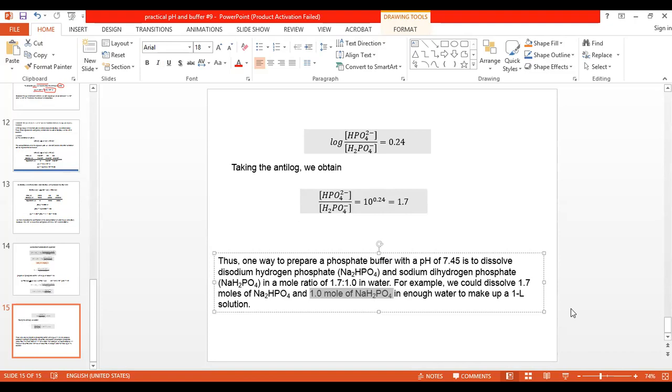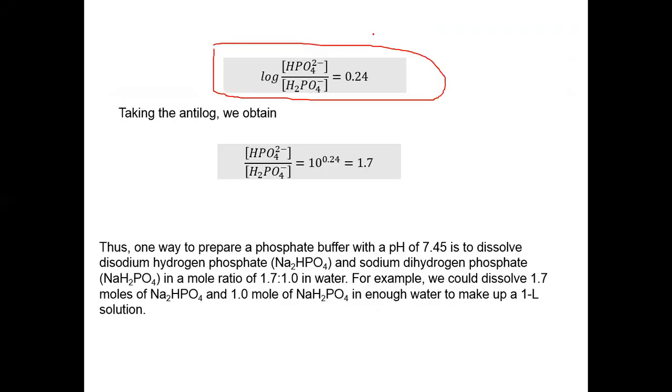So here, in your quiz, for example, you will be given an example like that. Let's continue from here, and let's say the concentration of H2PO4 is, let me think. So you need to find the pH.